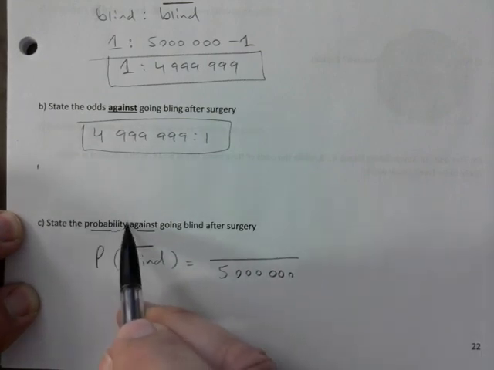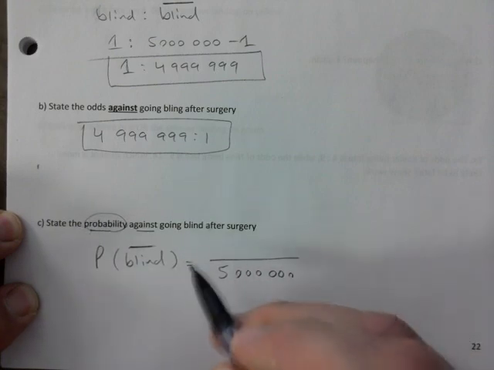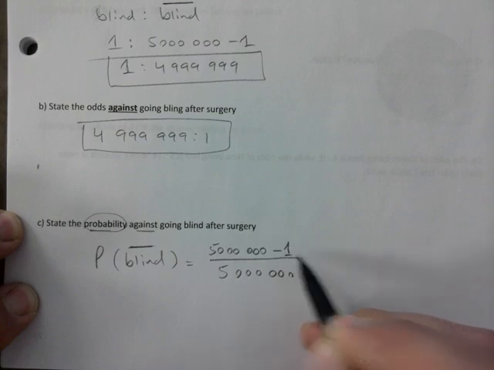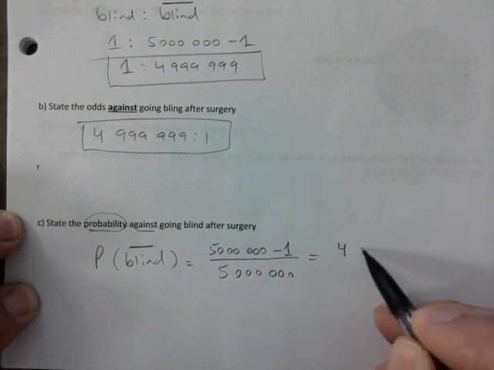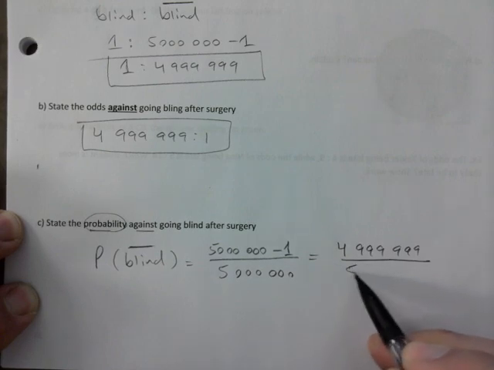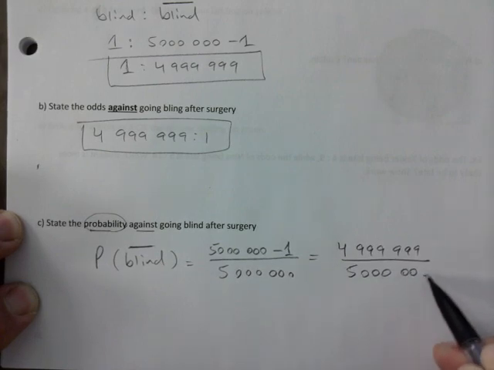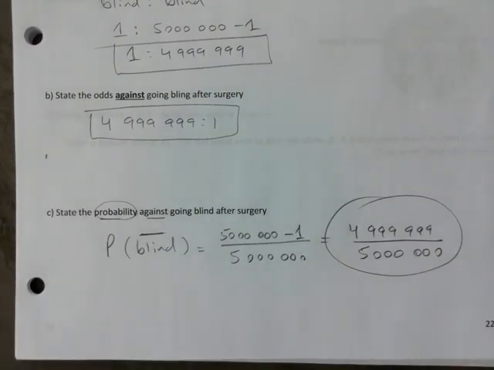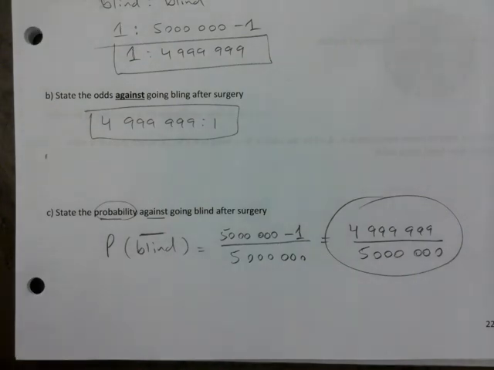So this is against going back to probability. And this would be 5 million minus 1. So that's 4,999,999 over 5 million, right? So that is the probability as a fraction.